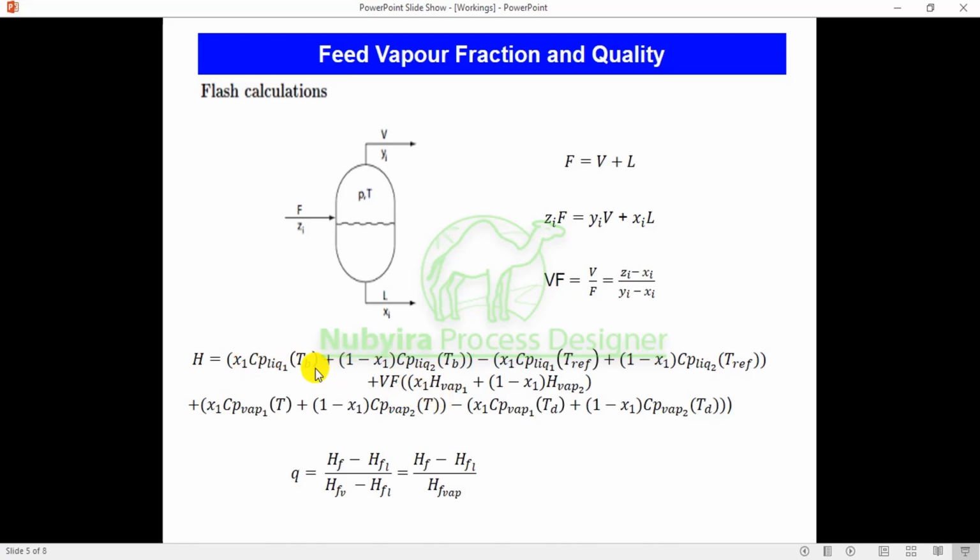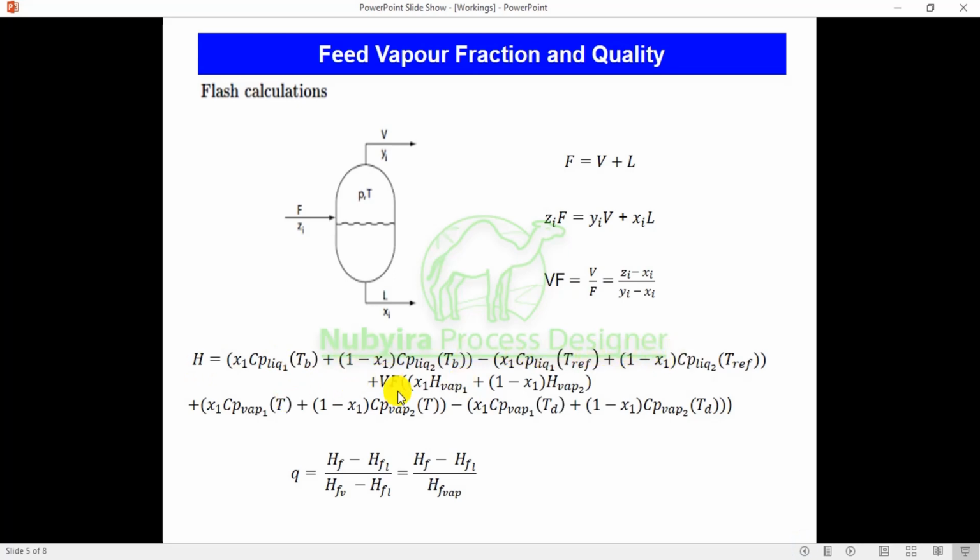Then we have TB, the boiling point temperature of the mixture, and this is the reference temperature. So the heat capacity at boiling point is the meaning of CP liquid at TB. Then CP liquid at T ref is the heat capacity at the reference point. So you do this for the subcooled region.